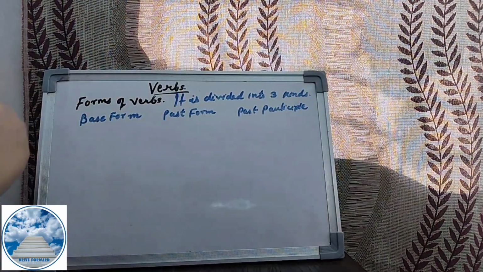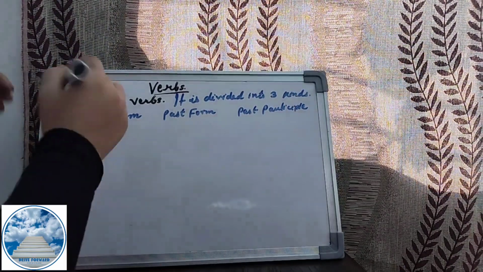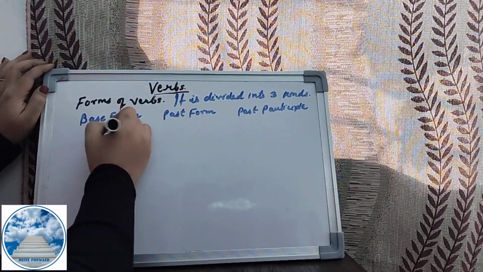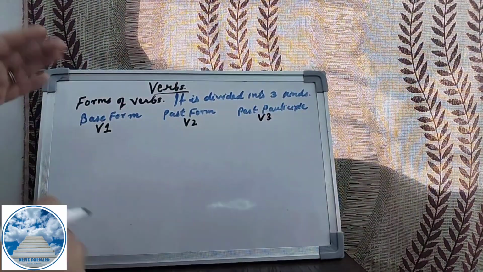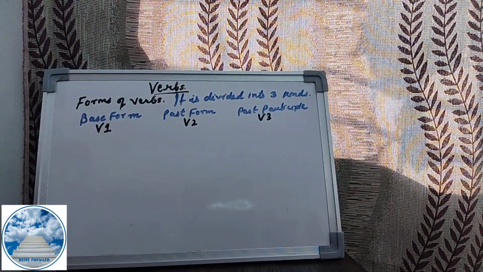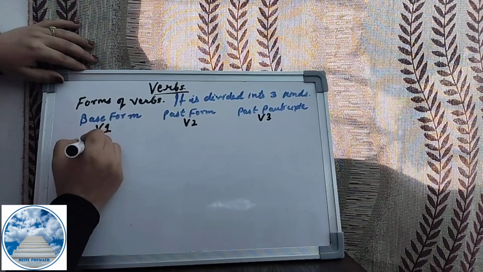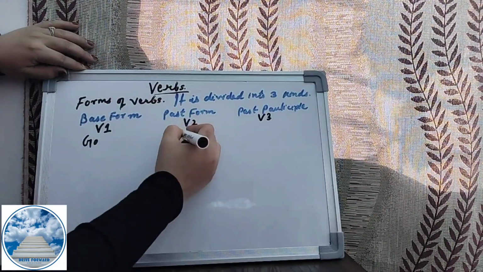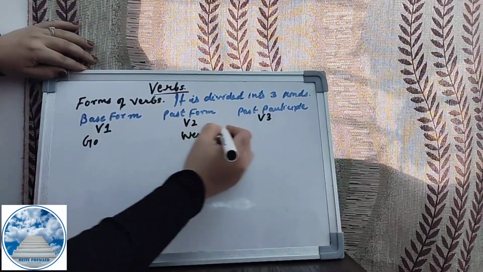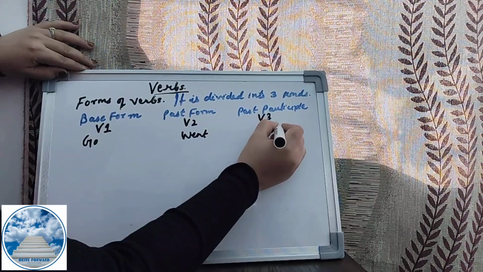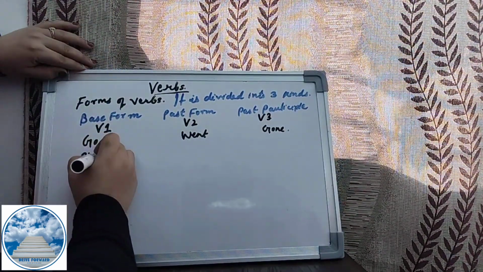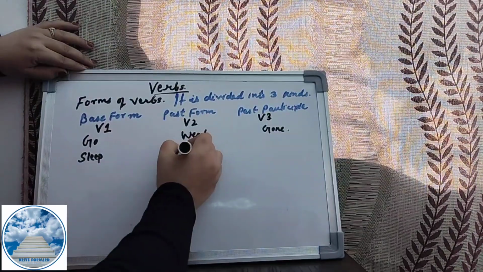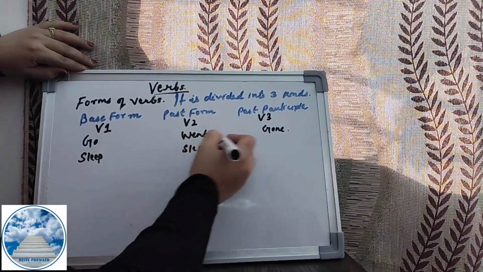Okay, so we also say this as V1, V2, and V3. This is a short form. Let me give you an example. Go is the first form, went is the second form, gone is the third form. Okay, sleep. Sleep is the first form, slept, slept.